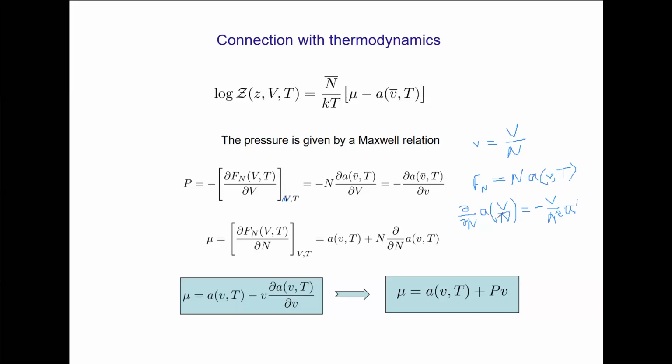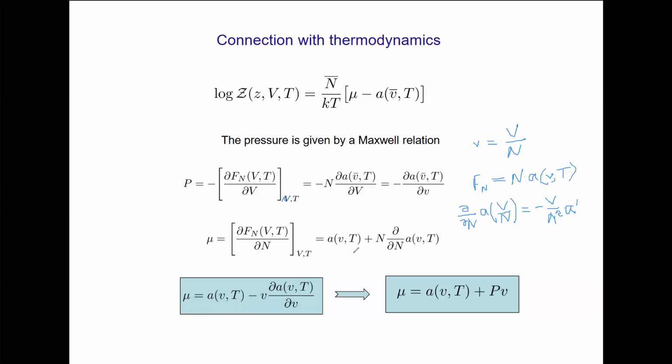So once I plug it in here, I see that there is an n here, and here it cancels, and so I get minus V over capital N, which is my little v, times a prime. And as a result, I get this expression.